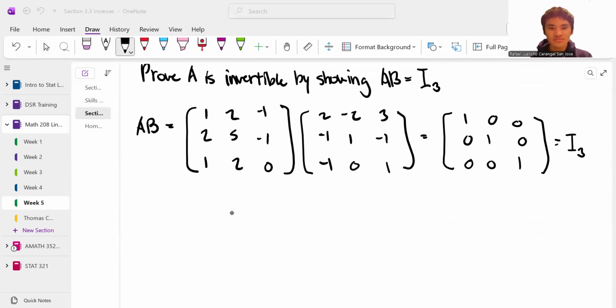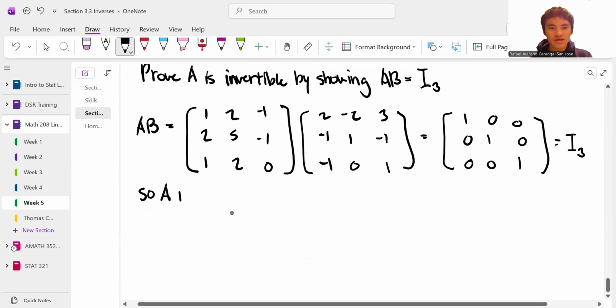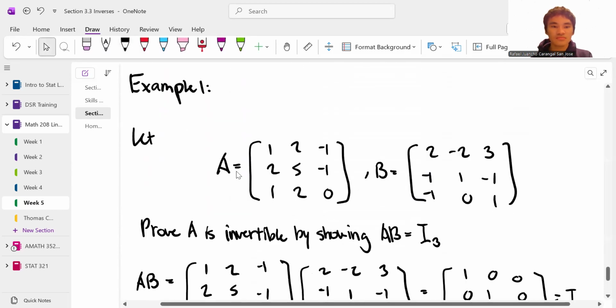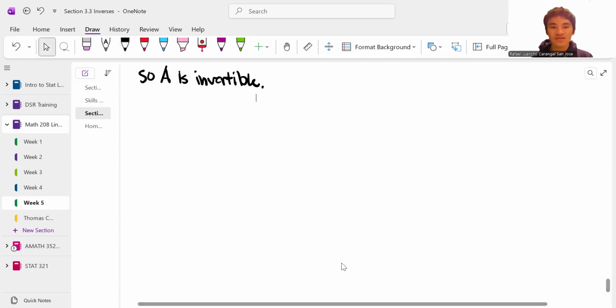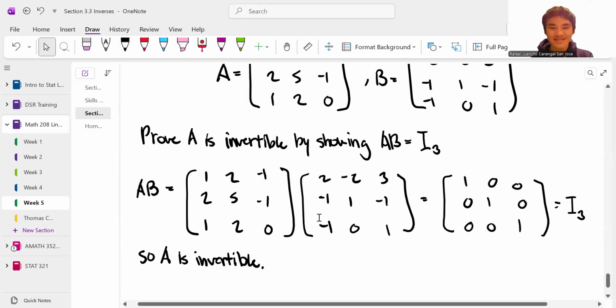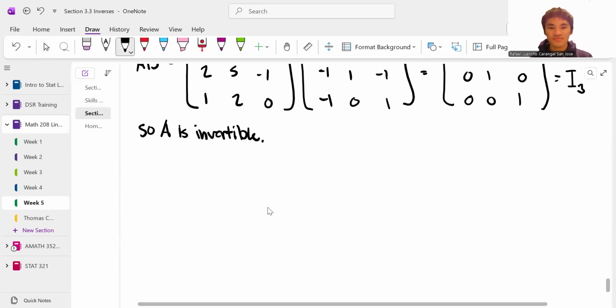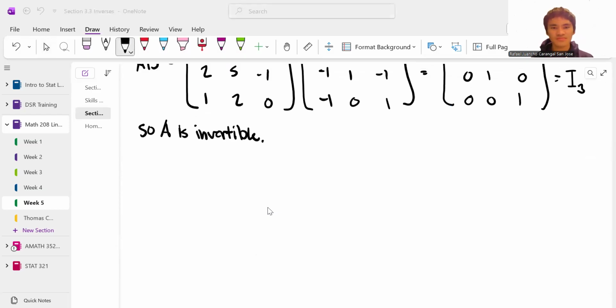And so we say A is invertible, or it has an inverse. And the funny thing is that B is the inverse. This is the inverse of this. And there is a way to get from A to B, and we're going to find that out. Okay.